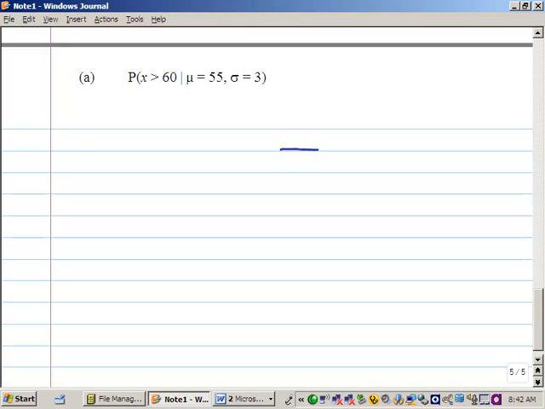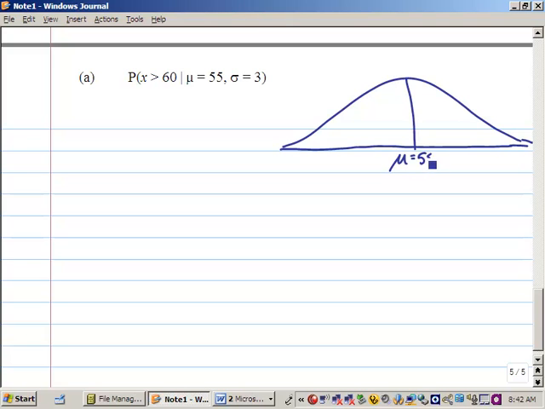With all of these I strongly suggest that you always draw the diagram, and of course drawing the diagram is only useful if you know what you're drawing. So in this case we have a mean of 55 on this x, probability x greater than 60. 60 is the limit, greater than 55. Greater than 60 gets us up in that upper tail there.